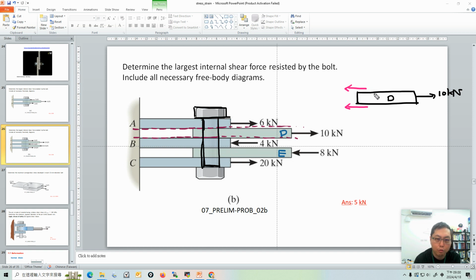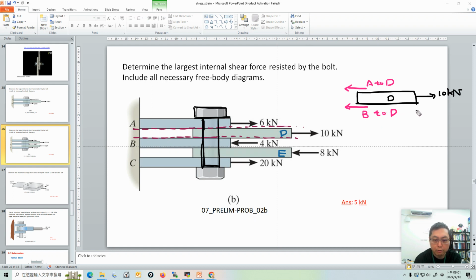We have to be careful: this force is exerted by A on D, and this one is B on D. B exerts shear force on D.